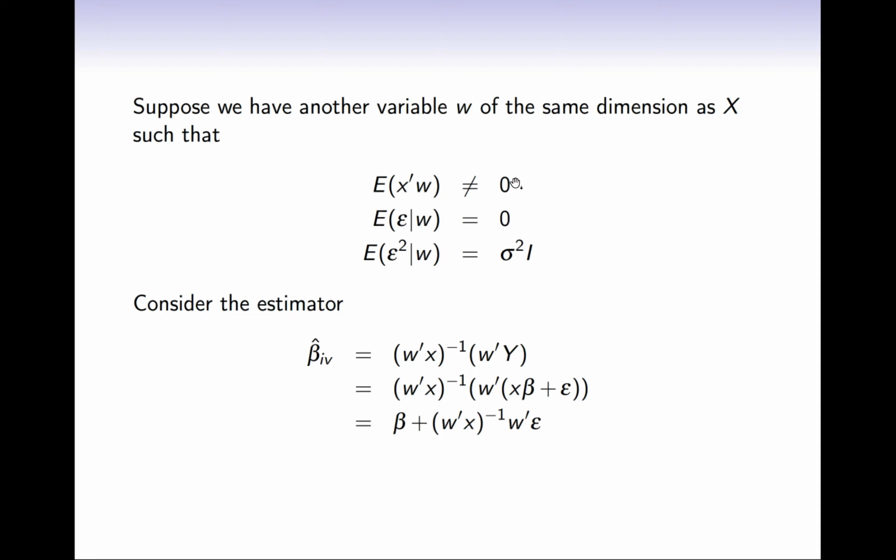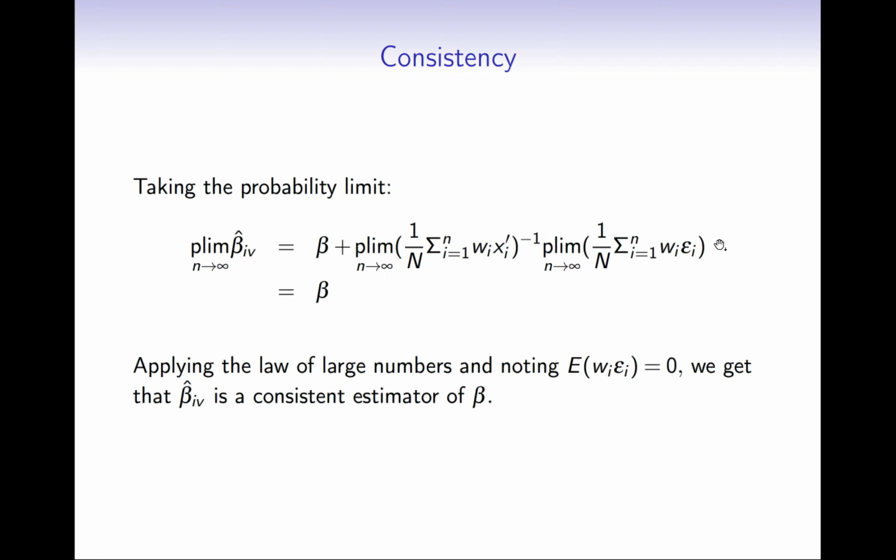Remember, the assumption was E of epsilon given W equals 0, but by the law of iterated expectations, this expectation is going to equal 0. Then you apply Slutsky's theorem, because you have something that's not equal to 0 multiplied by something that is equal to 0, so the product equals 0. So this is going to be a consistent estimator.